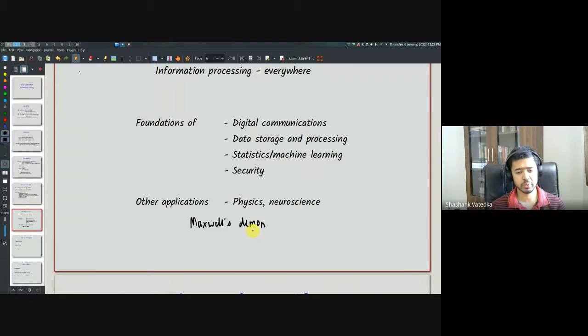It's a thought experiment, and in some sense it gives a connection between information theory and thermodynamics, to see that information and the concept of entropy in thermodynamics are very deeply connected. Information theory is also used a lot in neuroscience, computational neuroscience.